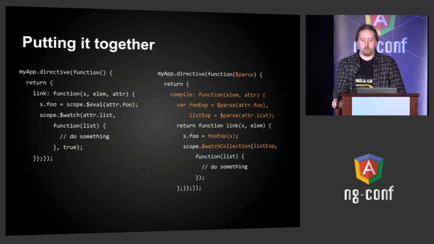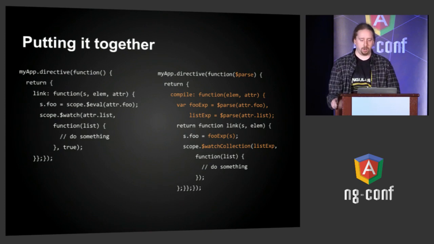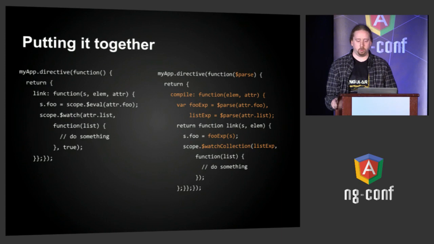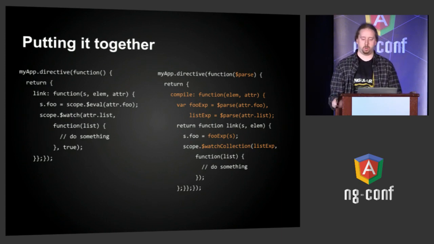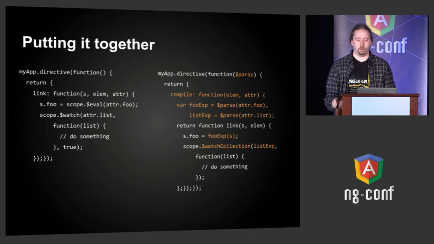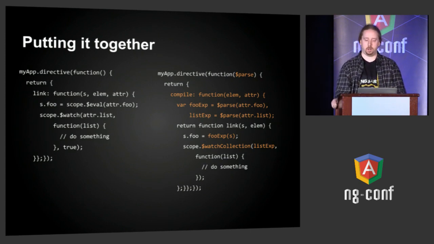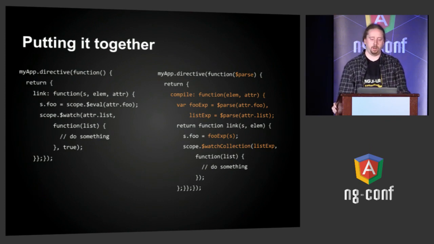So the change is to add a compile step, and then we recognize that we can use parse to read those expressions once, and then in the link function, we call the parse output, and you can even watch it, because watching it saves time too. And then of course we switched from a deep watch to a watch collection.